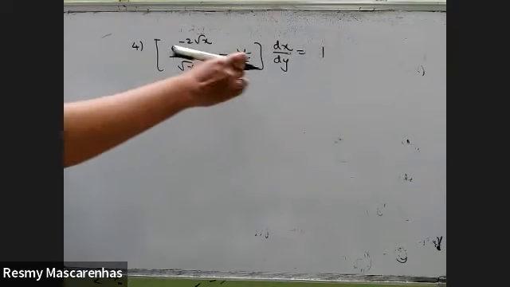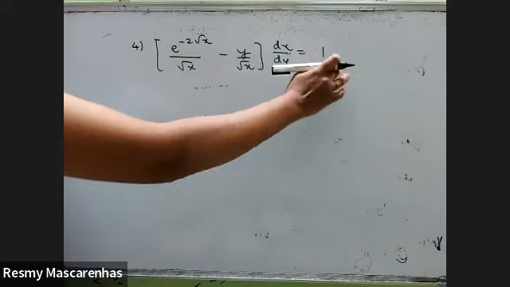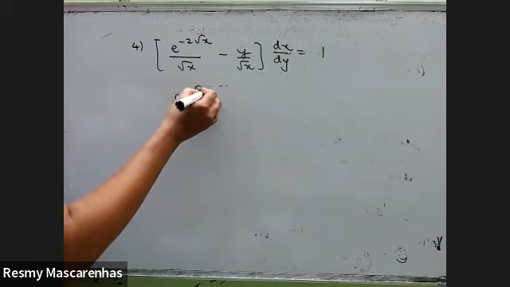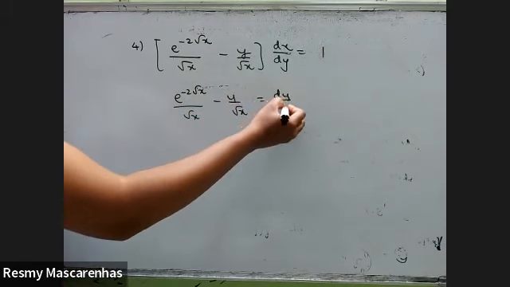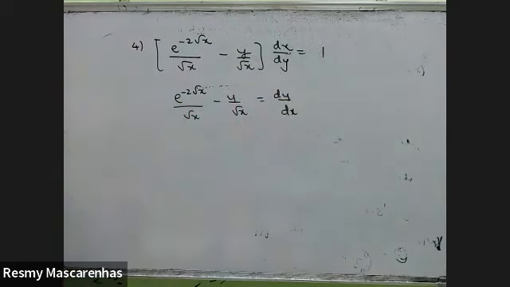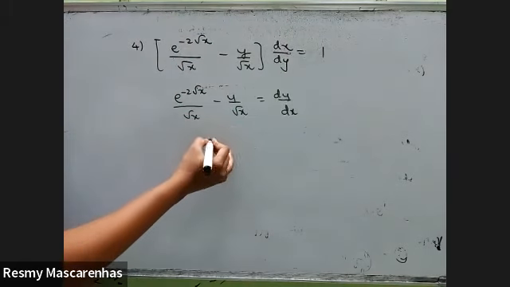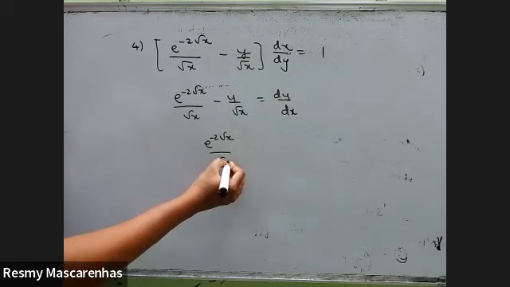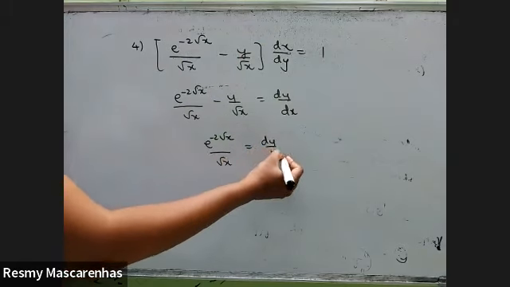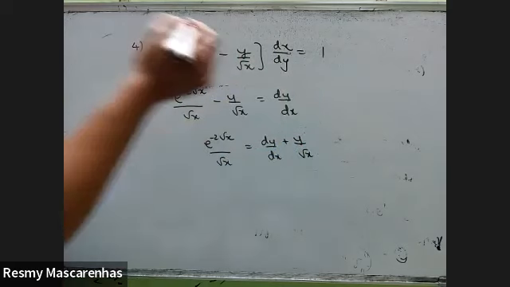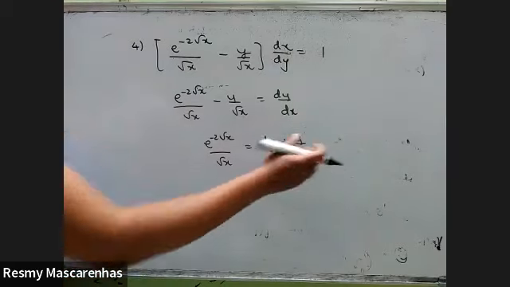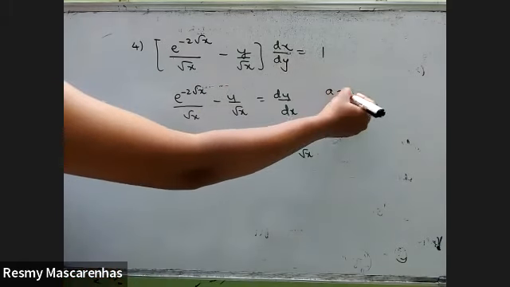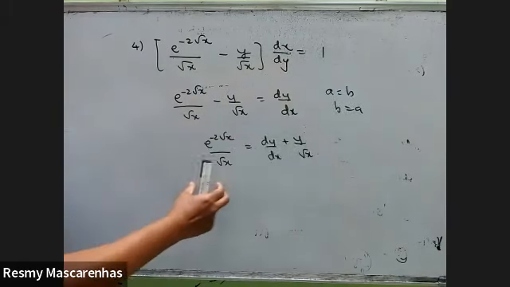So I'll arrange it in dy by dx form. This I'll take on top, this I'll bring this side. This term I'll take to the other side. So just write this term this side, this that side. It means the same. Whether I write A equals B or B equals A, it is the same. So this I'm writing this side.